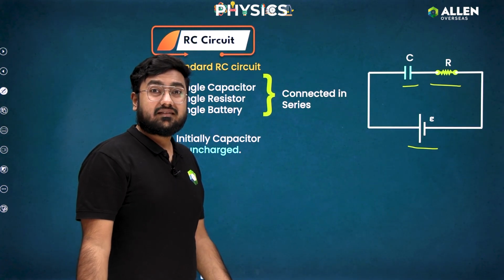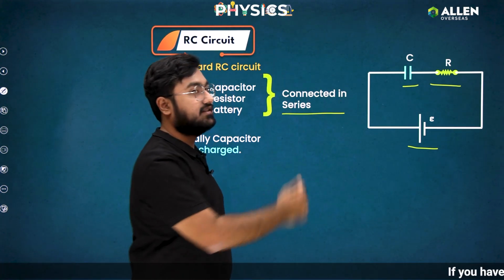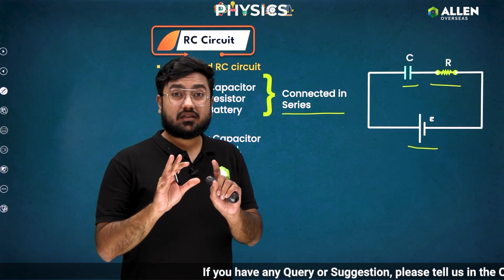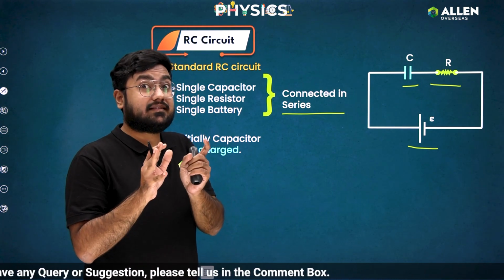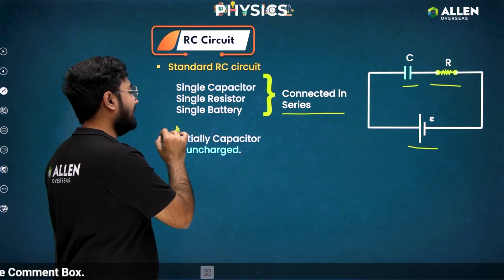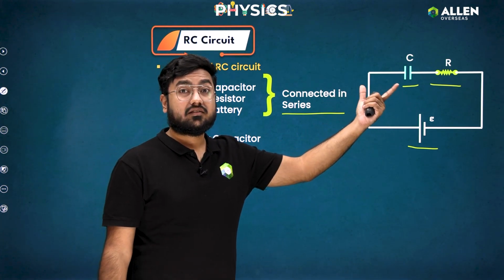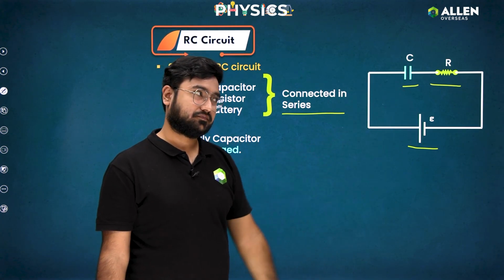How to make a standard RC circuit? What is the recipe? Connect them in series. And in order for that RC circuit to qualify as standard, there is one more important thing, and that is that initially the capacitor must be uncharged. So the initial charge of the capacitor must be 0.